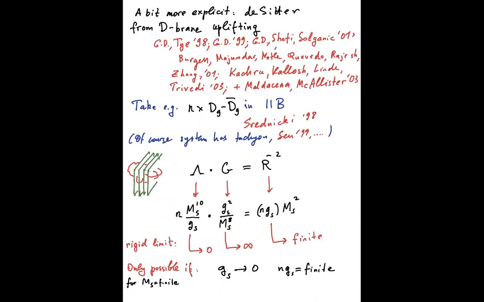Now, you can make this more explicit just to see the scaling, with an example. We can try to create a de Sitter-type state in string theory by using the positive tension of D-branes. This was suggested long ago in these papers, and that's usually the source of positive energy in de Sitter-like constructions in string theory.